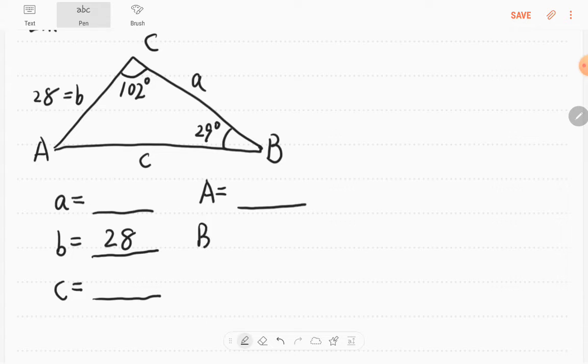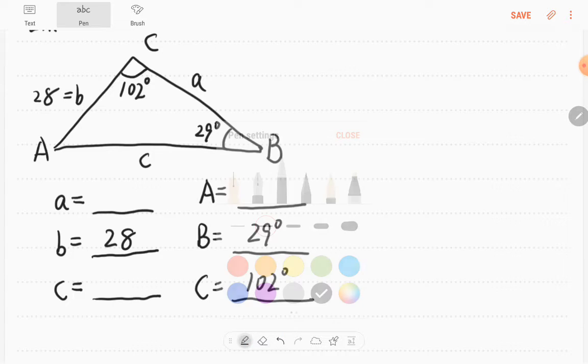Angle B is 29 degrees, and angle C we know, which is 102 degrees. So you can see that if we look at this chart, we actually have one pair of the opposite side and the angle, right? We have this one and this one. So we can use the law of sines to solve this triangle.